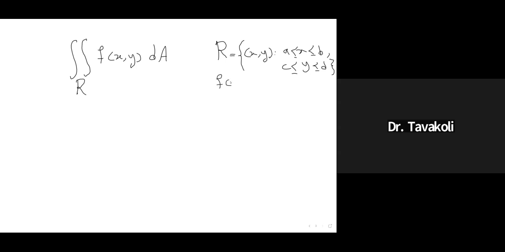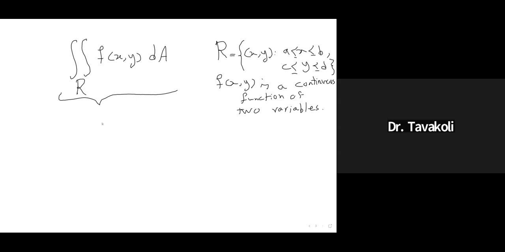And f of x and y is, of course, a function of two variables. It's a continuous function. So in this situation, we have two options to set up the integral and calculate the integral. And based on these assumptions, it turns out these two will result in the same answer.